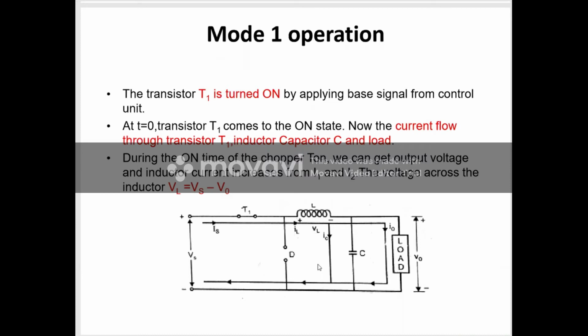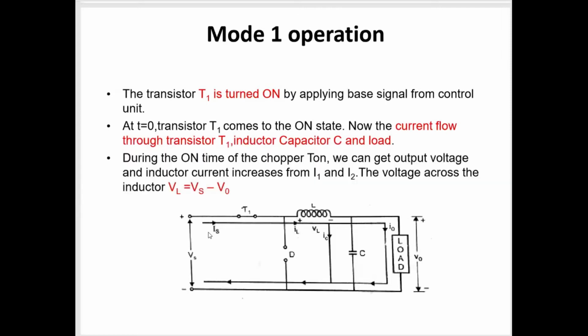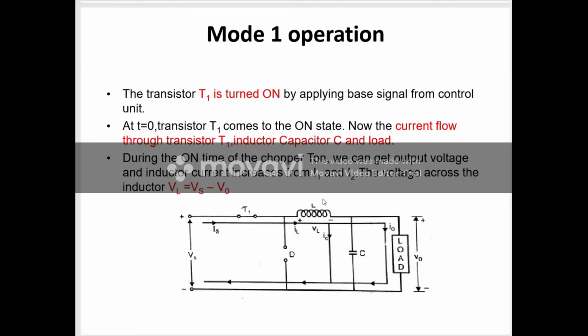Here we consider the current flowing through the load as I0, the current through the capacitor as IC, and the current through the inductor as IL. This total current we call IS. Mention it, because during this condition the current is flowing through this one. At that position, what about the inductor? You know the concept of inductor.